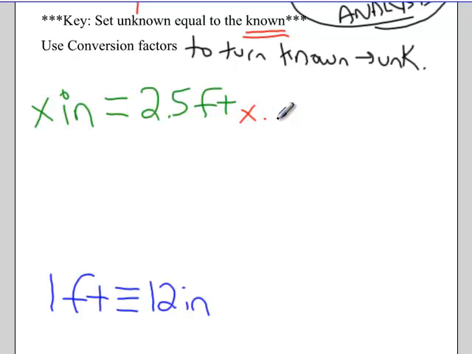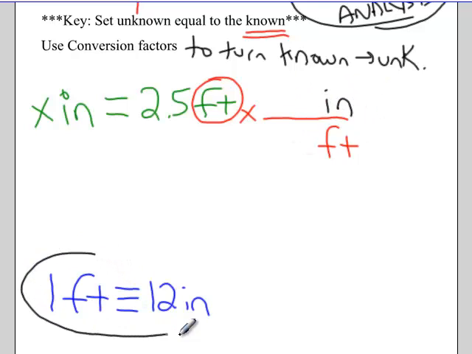I'm going to write a times sign and a line. The key is this unit feet has to go in the denominator of the next conversion, because when we multiply through, this unit has to cancel with this unit. So the feet have to go in the bottom, and I can turn feet into inches, so I'm going to put the inches in the top.